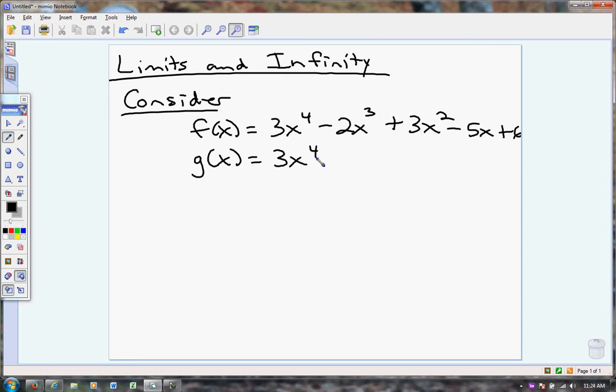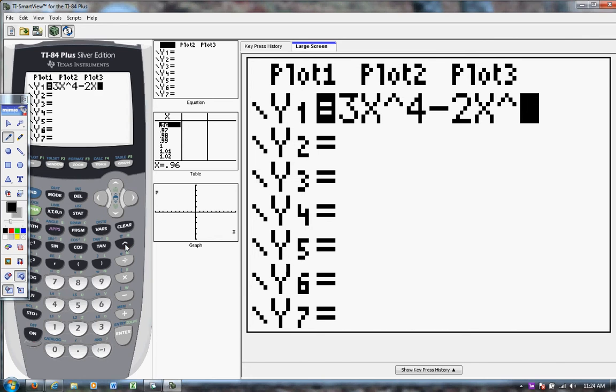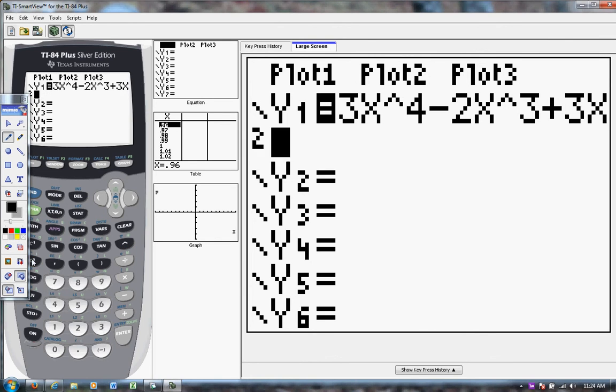All right? Now, this is a good place for us to use the graphing calculator. So what I want to do here is put both of these functions in. First, the long one, 3x caret 4 minus 2x caret 3 plus 3x squared minus 5x plus 6.